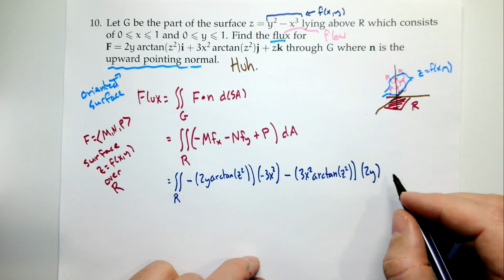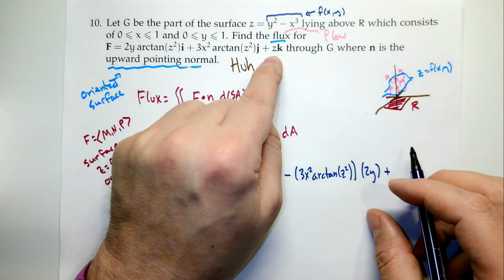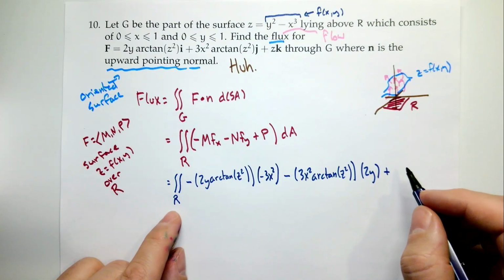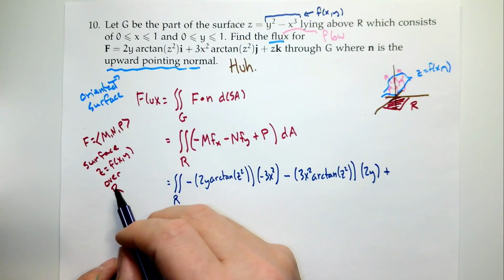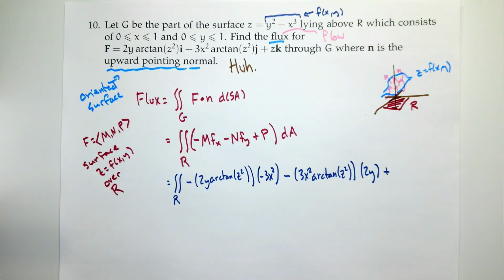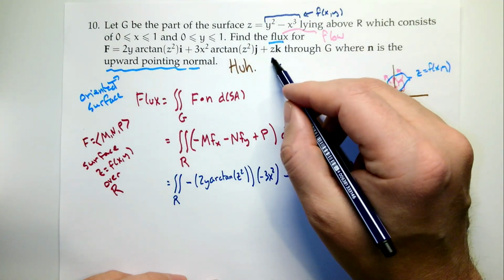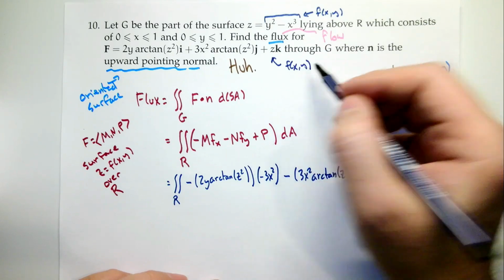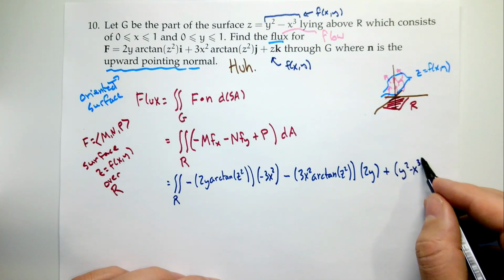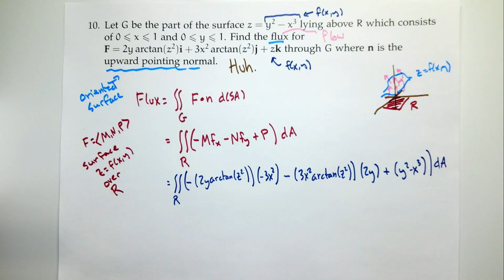And then we get plus our P, which is z. Now, we want to have our region R, this is an xy region. How do I do z? Because z is not in terms of x and y. But now we remember, wait a second, we're on the surface. I can replace z by f of x, y. So this will become y squared minus x cubed, and that integral is dA.